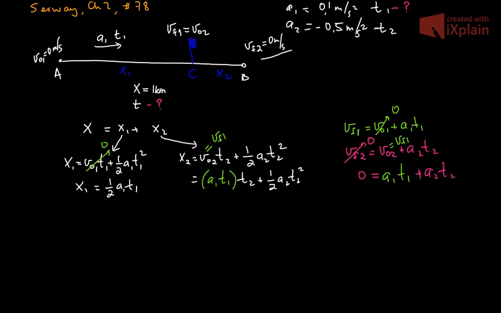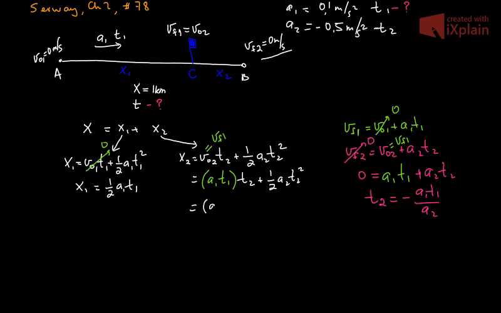I want to get rid of t2, so I'm going to solve for t2. That equals negative a1 t1 divided by a2. Okay, let's plug this into our x2 equation.